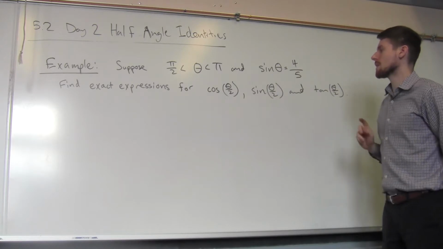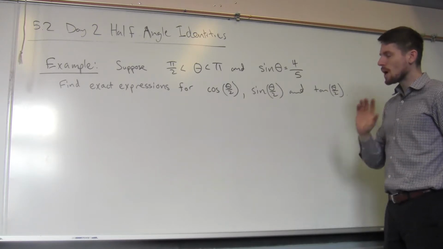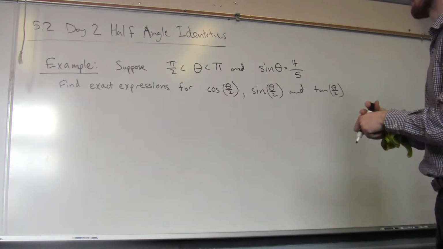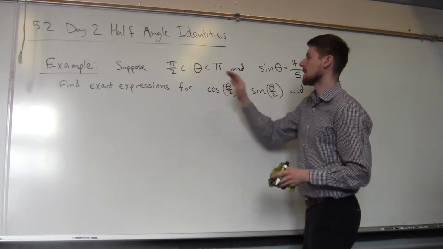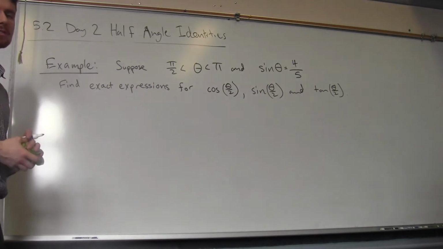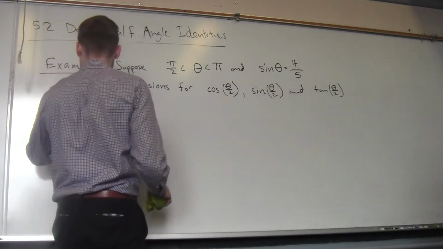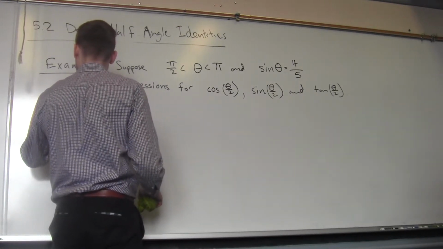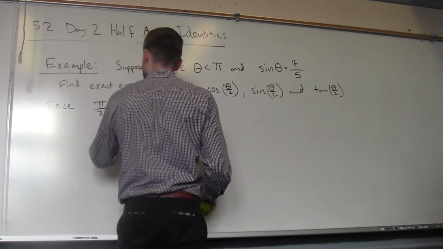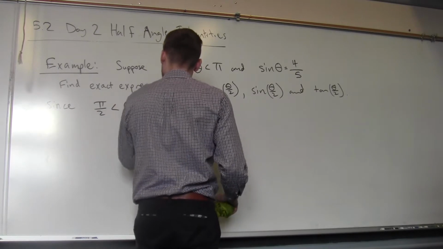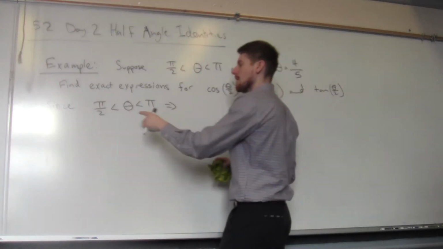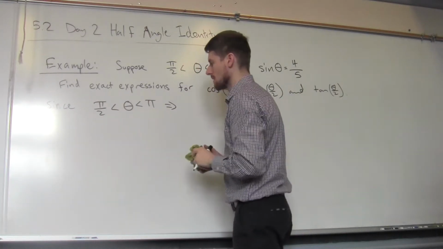So the first thing we've got to figure out is what quadrant theta over 2 is going to be in. Well, we know where theta is. It's between 90 and 180, or pi over 2 and pi. So since theta is between pi over 2 and pi, half of theta must be between half of this one and half of that one.